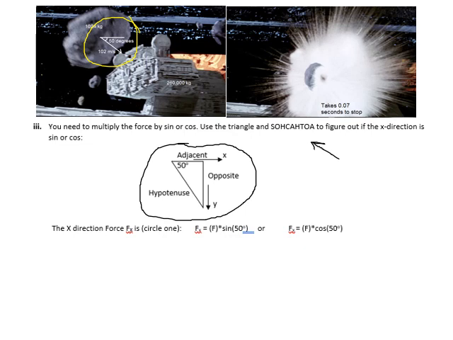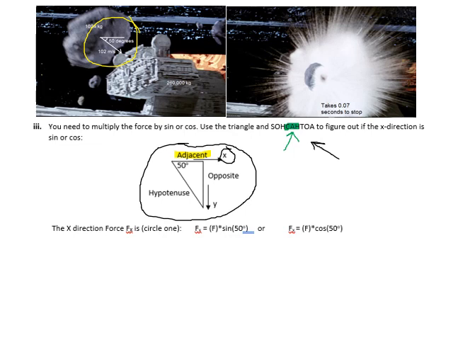We want the x direction here, and you can see that's the one that's adjacent to the angle. X direction is adjacent to the angle, so is adjacent cosine or sine? We see the A here for adjacent, and that's right next to the C for cosine.